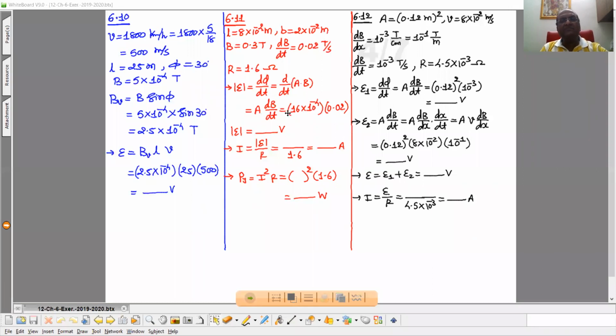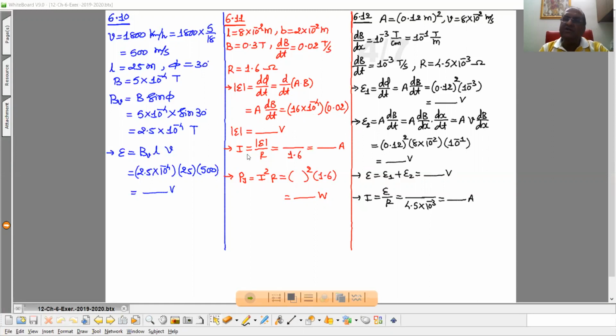And now substitute area, that is length into breadth. So 8 into 2, 16, and 10 raised to minus 2 into 10 raised to minus 2, that is 10 raised to minus 4. And rate of change of field is given to you, 0.02. You will get the answer, EMF induced.